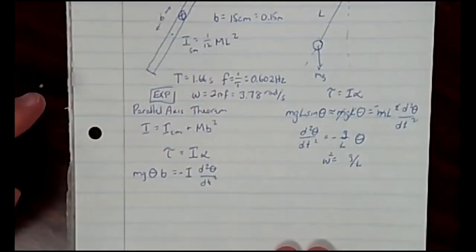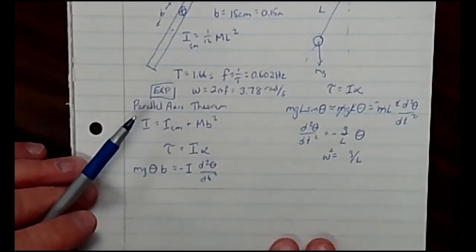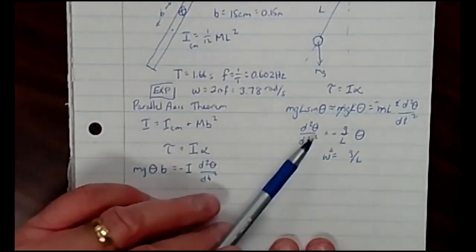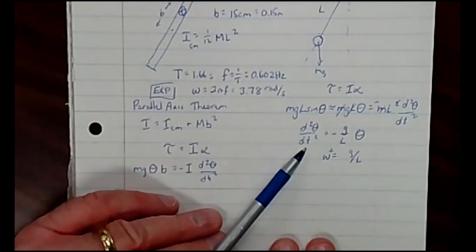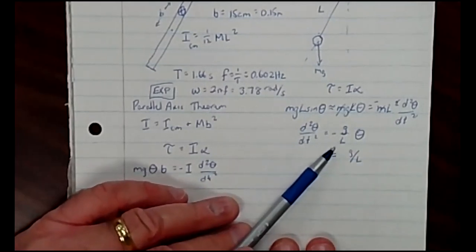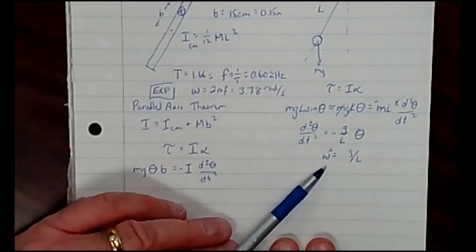Like that. So our next step is to do a little bit of algebra to try and get it into this form. And then whatever is this coefficient out in front of theta, that's what's going to be omega squared.